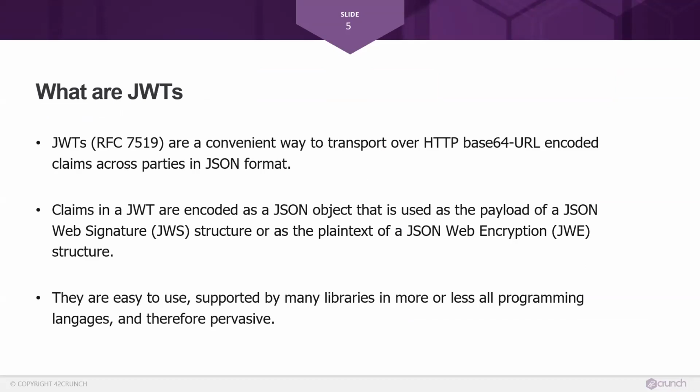These claims in a JWT are encoded as JSON objects, and this JSON object is used as the payload of the JSON Web Signature, the JWT structure. And this is where the crypto comes into play.